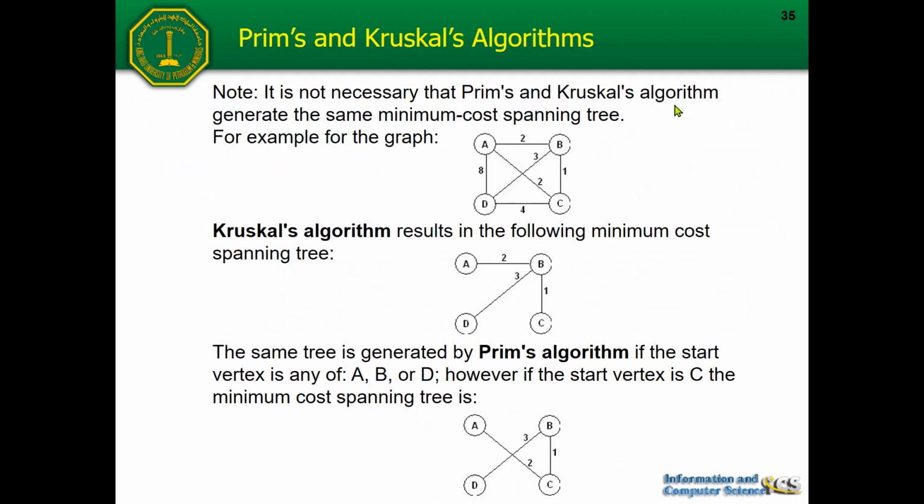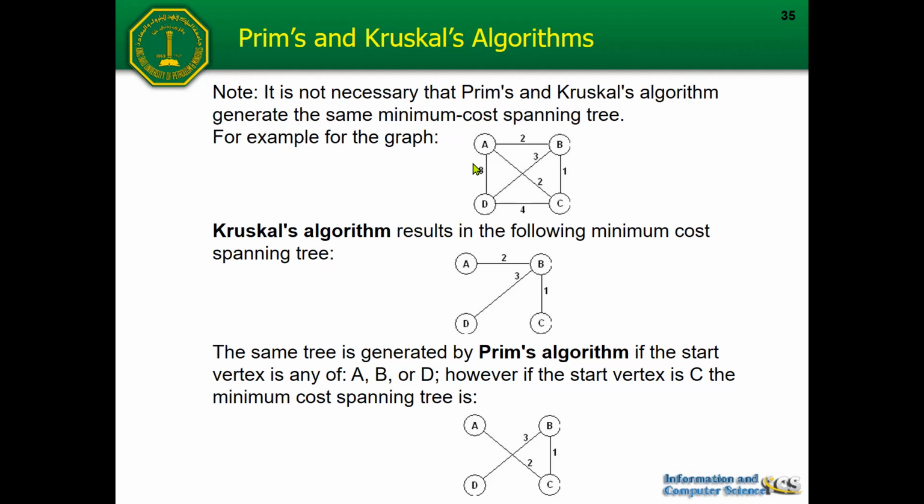So now there is the comparison between Prim's and Kruskal's algorithm for the same graph. As you can see, Kruskal's and Prim's algorithm will in general create non-unique and different minimum cost spanning trees for the same graph.